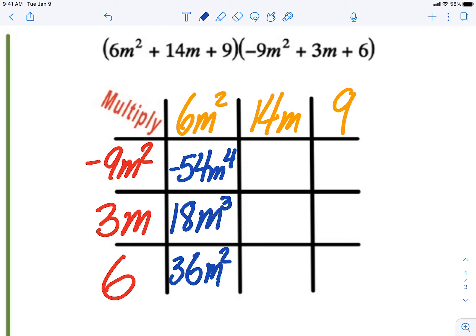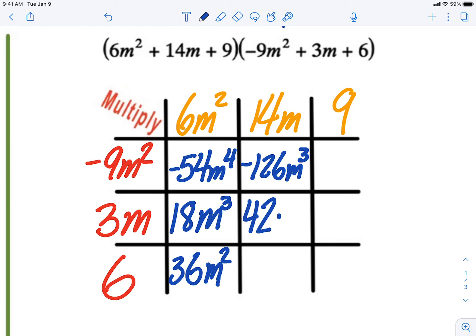Here we go, right? Now let's do 14. 14 times negative 9 is a negative 126. And then m to the power of 1 times m to the power of 2. 1 plus 2 is 3. M to the power of 3. Okay, 14 times 3 is 42.